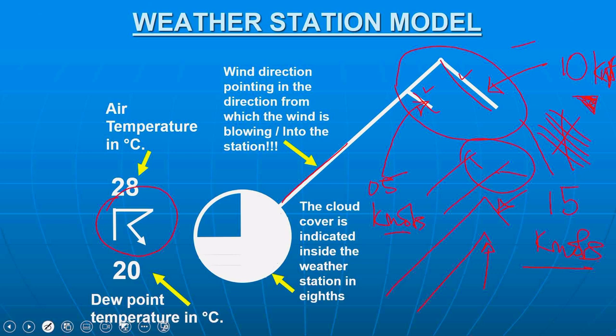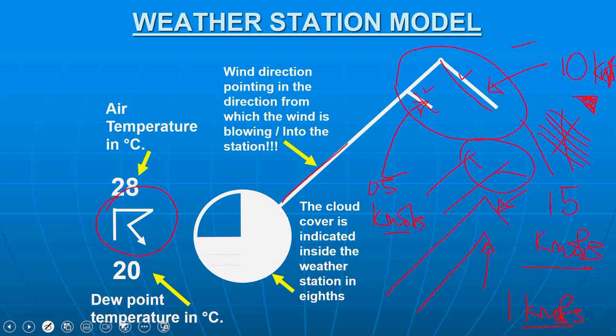Lastly, on this particular part of interpreting the weather station model, remember that one knot can be translated to wind speed in kilometers per hour. So 1 knot is equal to 1,852 kilometers per hour.